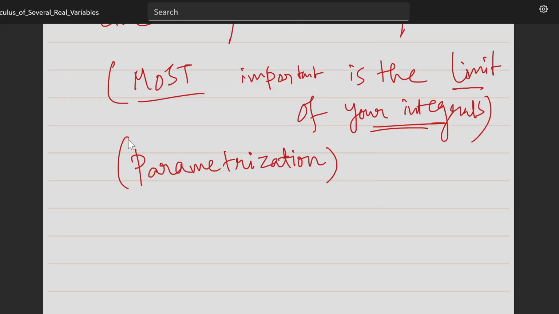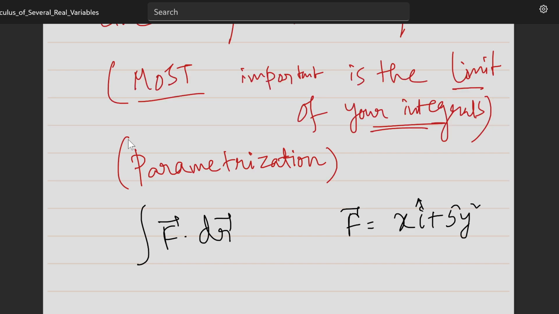Suppose one integral is the integral of F dot dr, where F is some x i plus 5 y squared j, I'm just writing randomly.